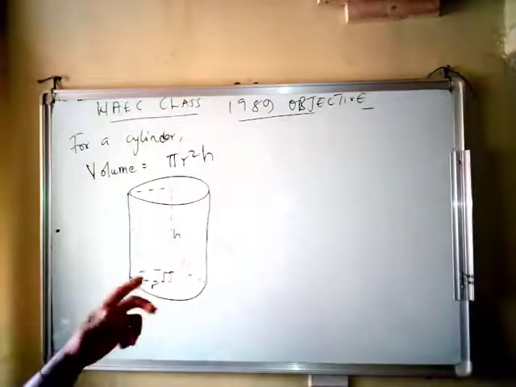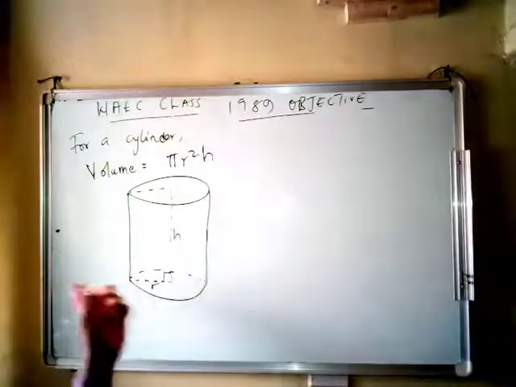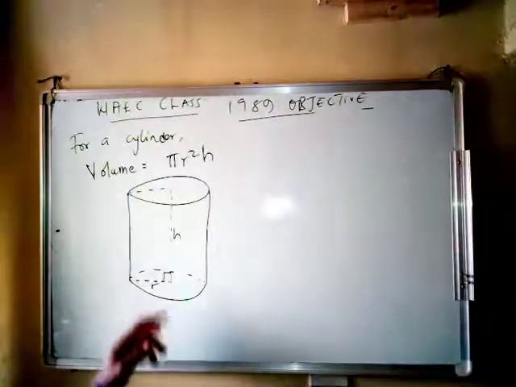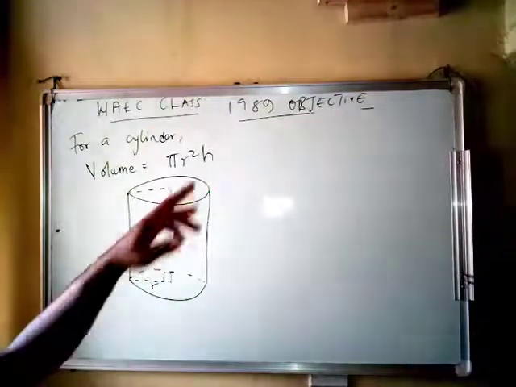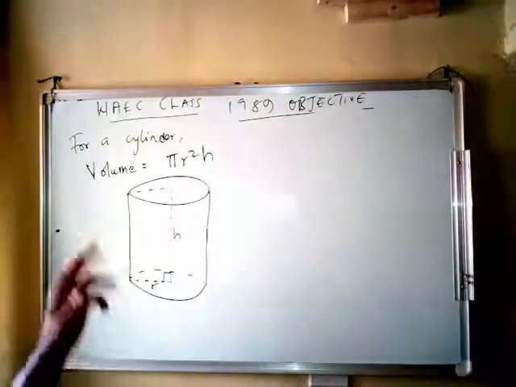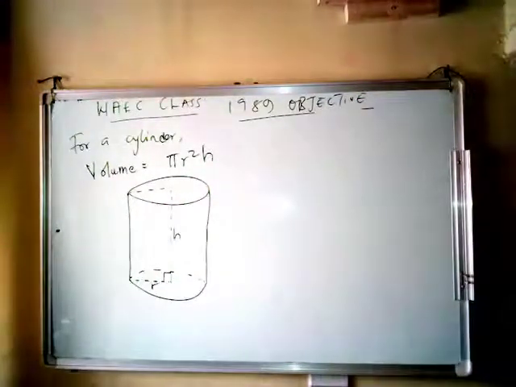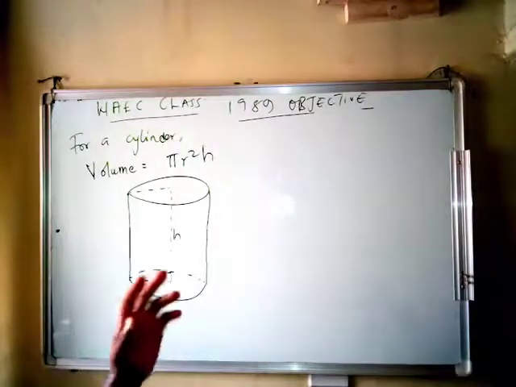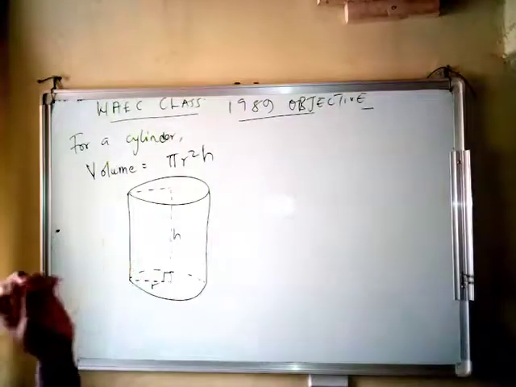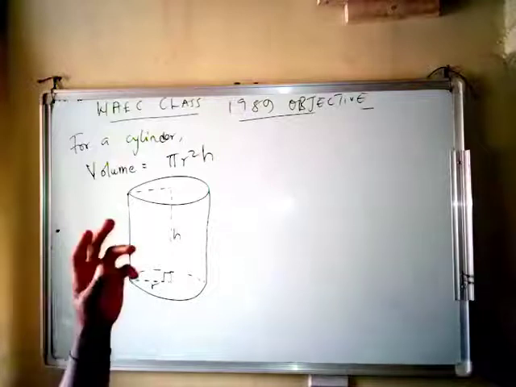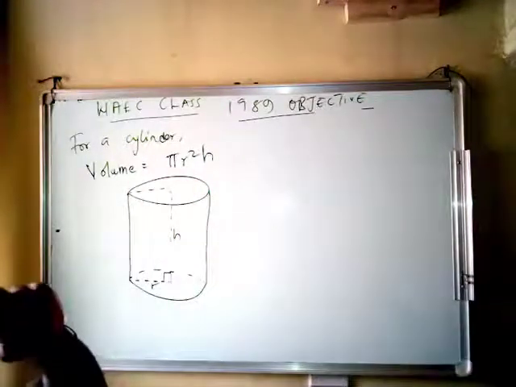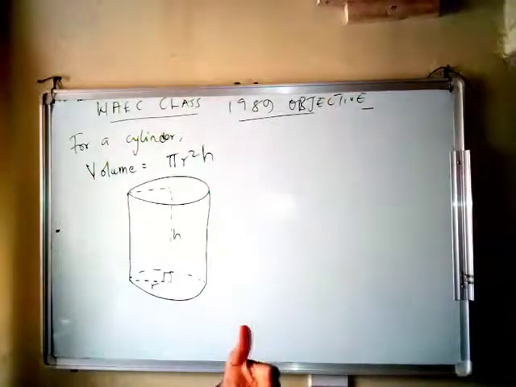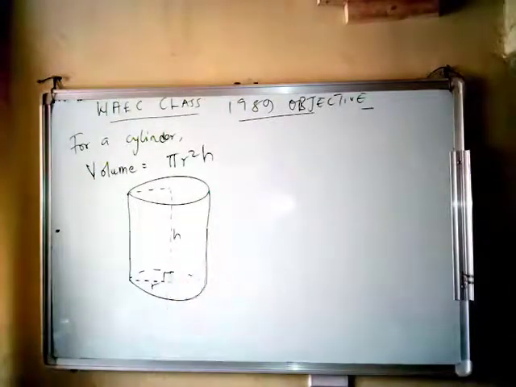But what is being considered is the height and the radius. Notice that there are two of them. Then you have your height and your pi as well. So this formula goes for volume of a cylinder: pi r squared, meaning r times r times height. So you can multiply all of them all together, you get what you want.